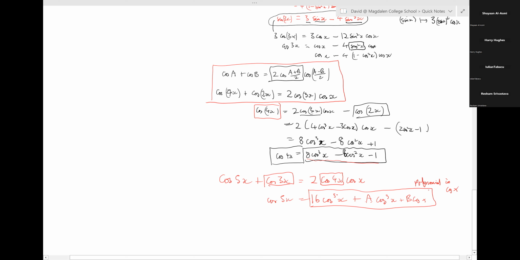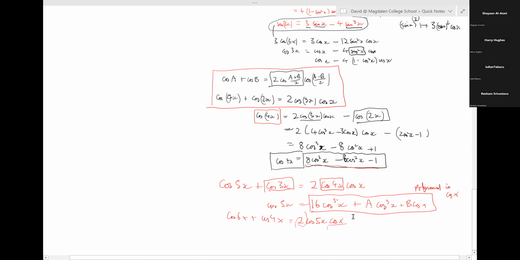Cos 6x, I could just play exactly the same game and do cos 6x plus cos 4x is equal to 2 cos 5x cos x. And then I multiply by 2, and I get a leading order term of 32 cos^6 x. So cos 6x is 32 cos^6 x plus stuff.